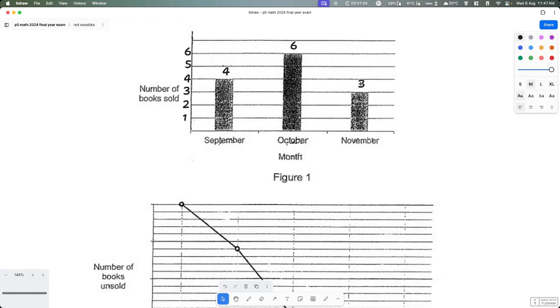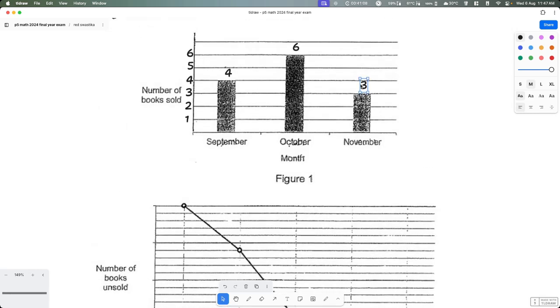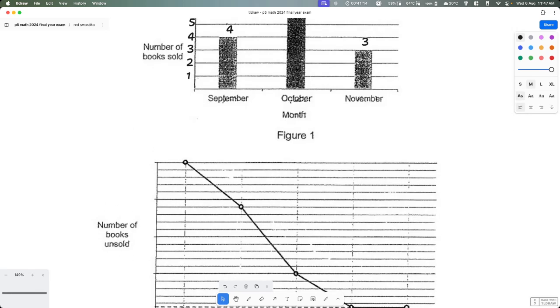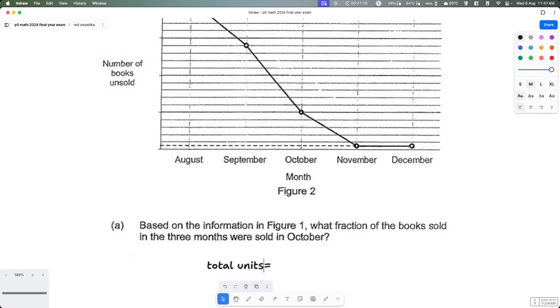So we want to get October, right? For October, we need to get the total. So total units is equal to 4 plus 6 plus 3, which is equal to 13. So 13 units.